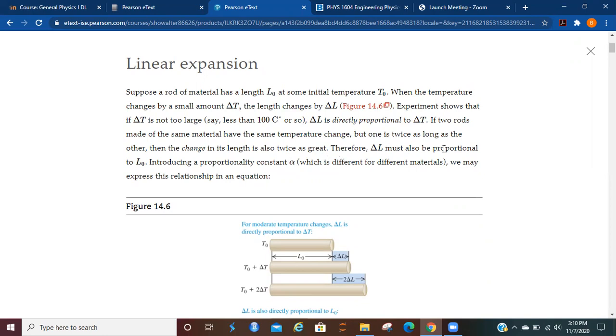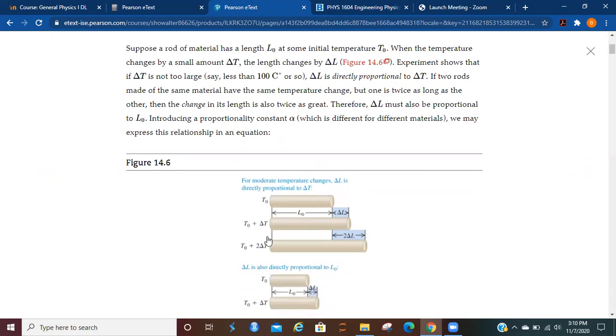So the change in L must also be proportional to the original length. Introducing a proportionality constant alpha, which is going to be different depending on the material, we can express this relationship in an equation.